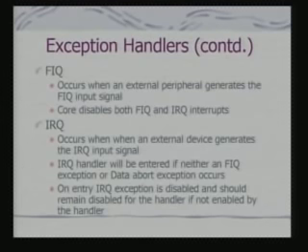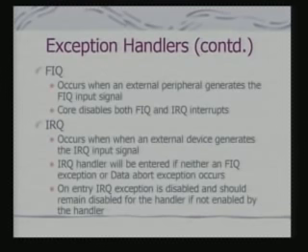FIQ occurs when an external peripheral generates the FIQ input signal. The core then disables both FIQ and IRQ interrupts. That is, when FIQ is being serviced, I cannot have another FIQ coming, or an IRQ of lower priority, interrupting my service routine. IRQ occurs when an external device generates the IRQ input signal. In that sense, modality-wise FIQ and IRQ are identical, but FIQ has a higher priority.